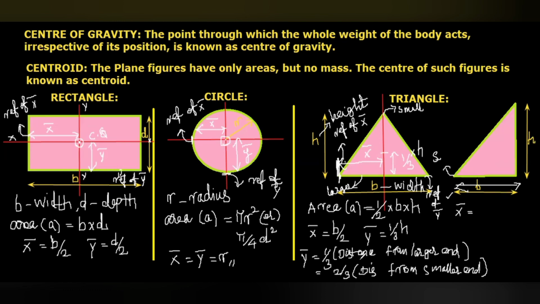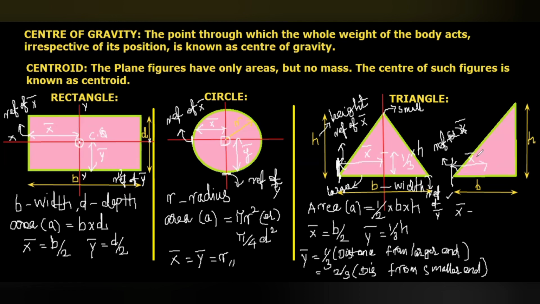I just erase these extra lines. So here, this is the leftmost line. That is the reference for x bar, and I'm going to measure the x bar from this line.